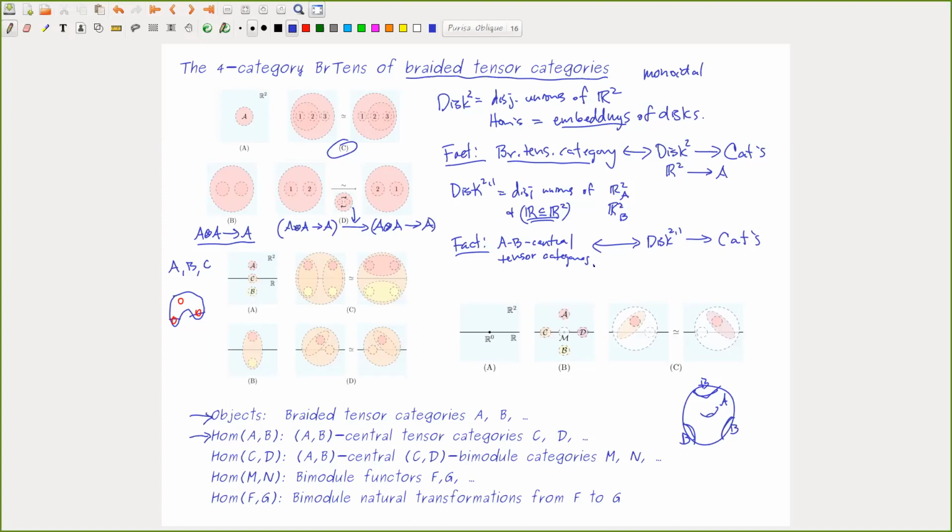More precisely, what I'm saying is we fix a braided tensor category A, and we fix a braided tensor category B, and then we look at functors from disk 2-1 to categories which send the color disk A as above here and B as above here, and we ask what is the new data given by C. And the interesting thing is that C has a lot of structure.